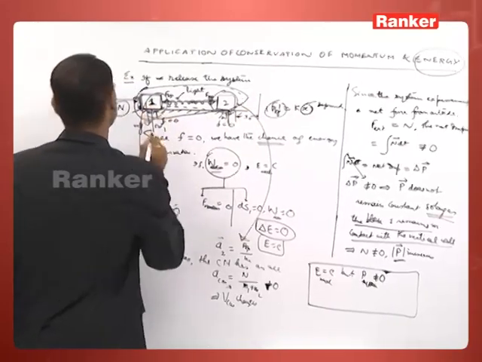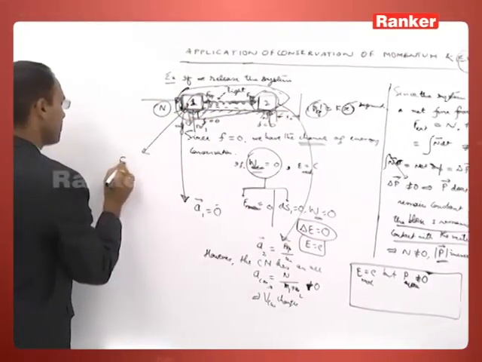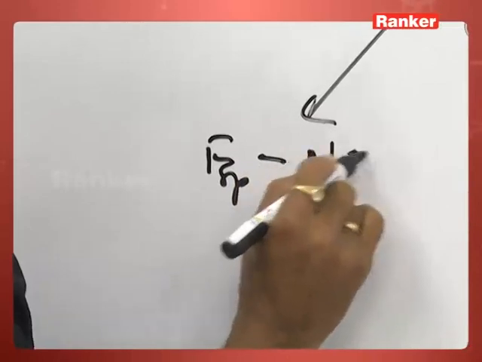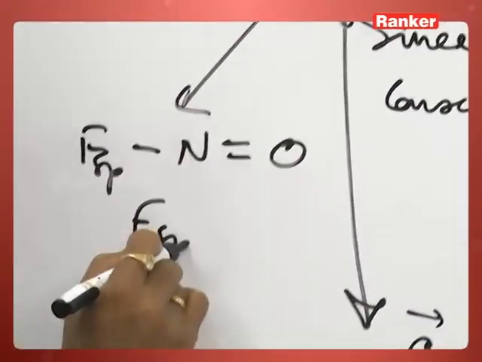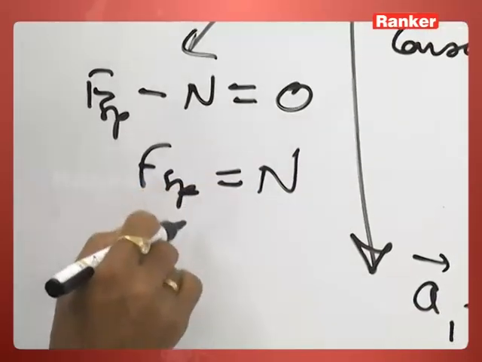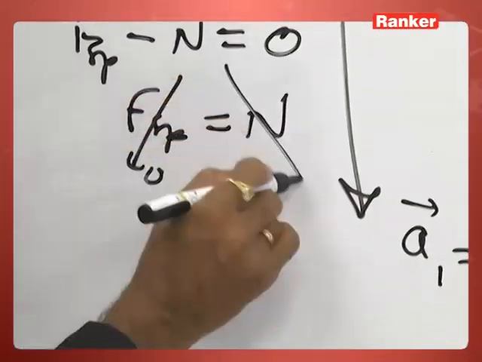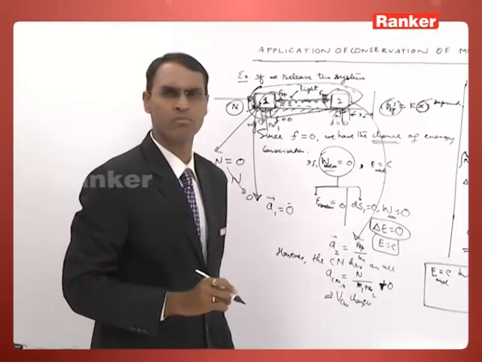On block 1, the spring force minus the normal reaction will be equal to 0 because its acceleration is 0. When the spring force is exactly equal to the normal reaction and the spring force decreases to 0, the normal reaction also will decrease to 0.